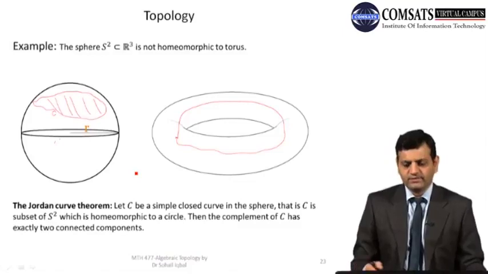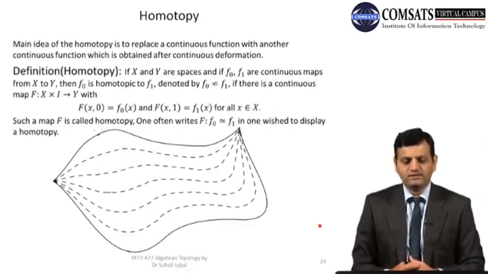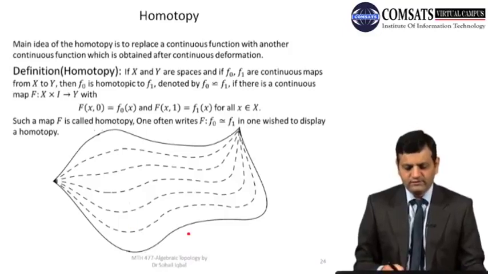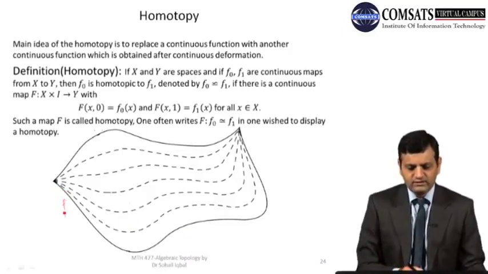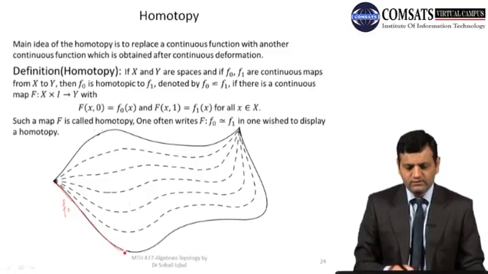Our next section of today's lecture is homotopy. The main idea of homotopy is to replace a continuous function with another continuous function which is obtained after continuous deformation. For example, if I have a function f0, this is the graph of f0.